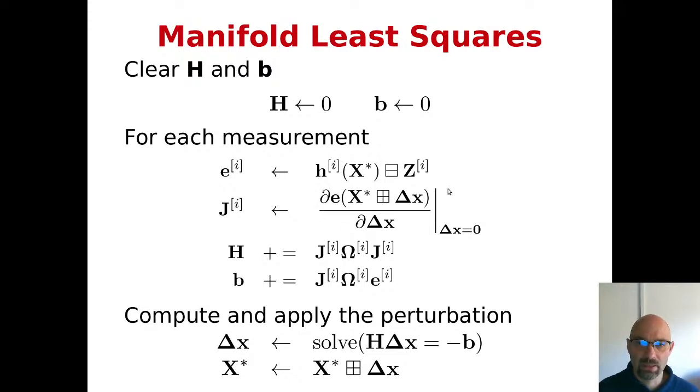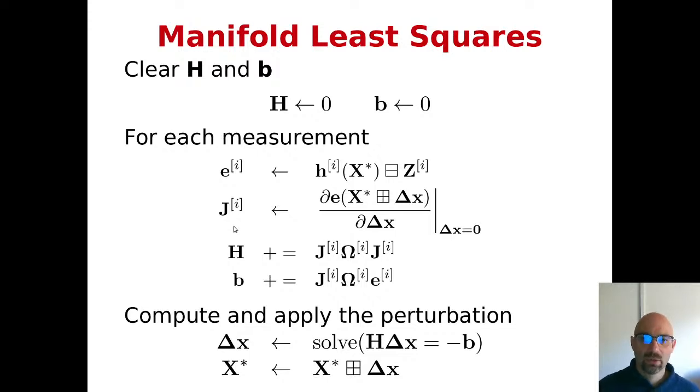The Jacobian is calculated by differentiating the error function box plused with delta X, in delta X evaluated at 0. And at the end, we will obtain a vector of perturbations that we need to apply to the previous optimum by using the box plus operator.